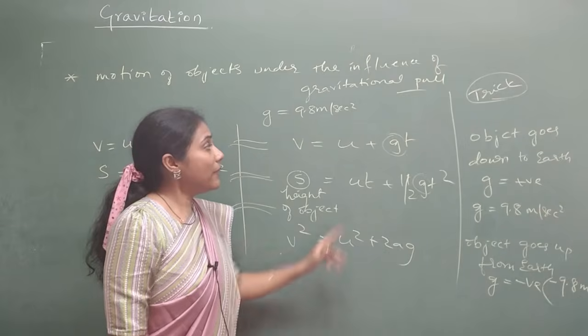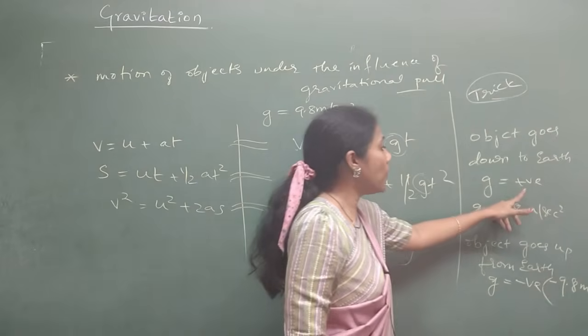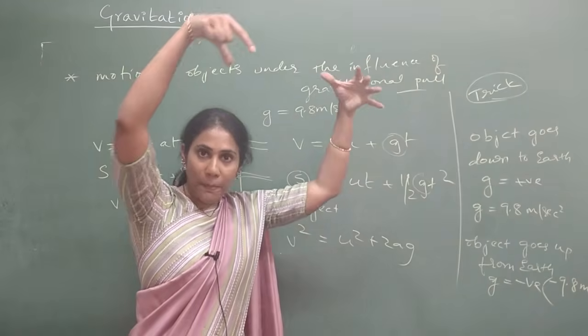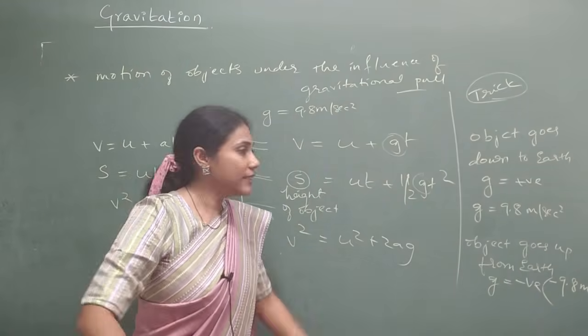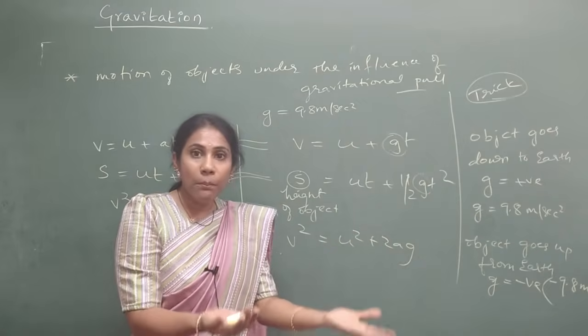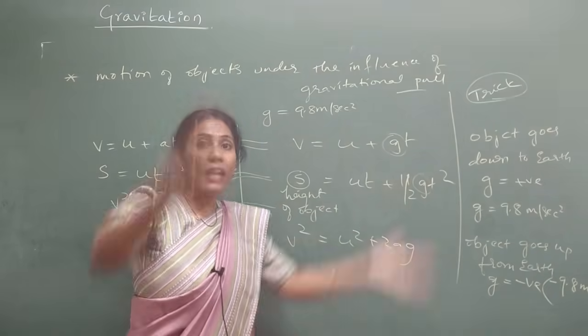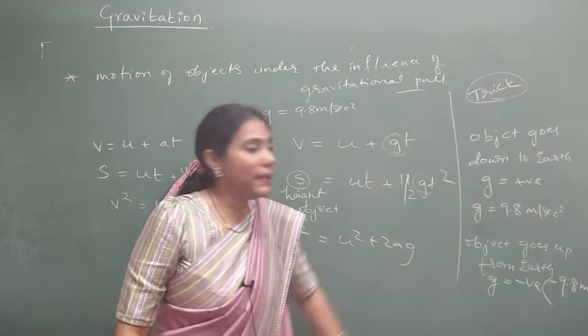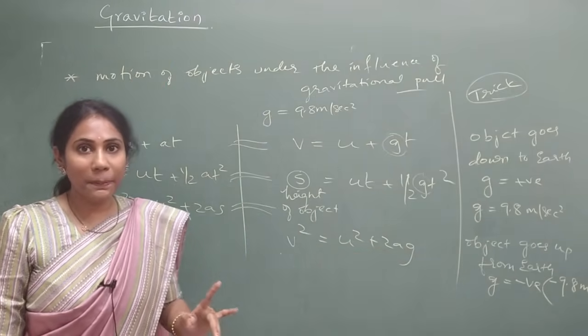Remember when to consider g value positive and when negative. If an object is falling down from up, it is positive. From earth, if it is going up against the gravity, then the value should be negative. You have to keep this in mind.